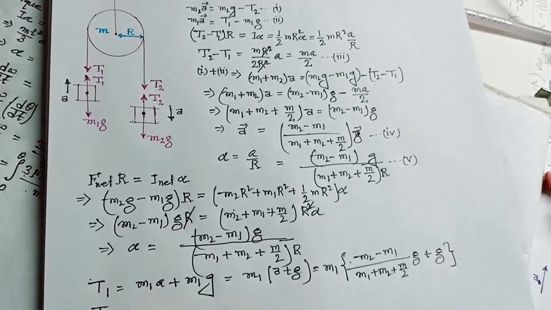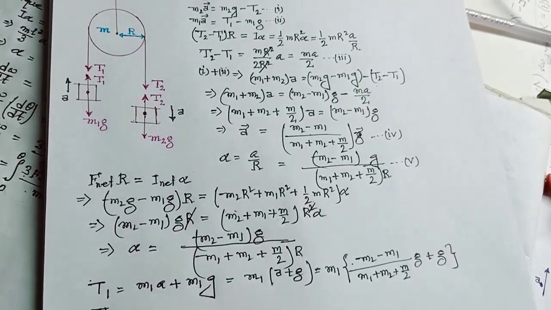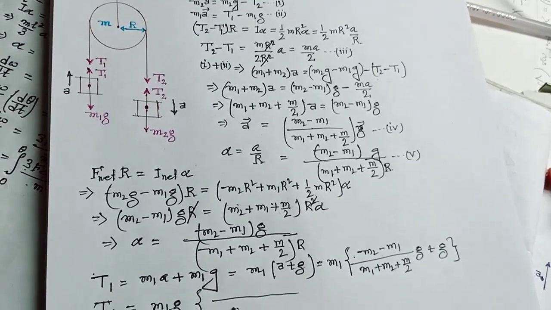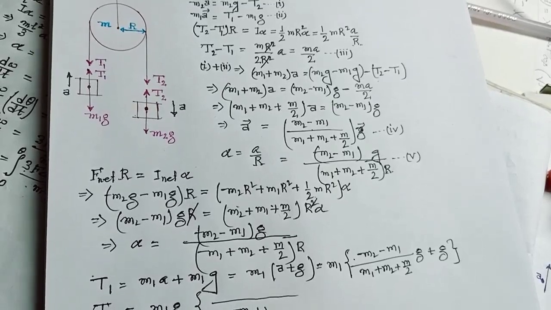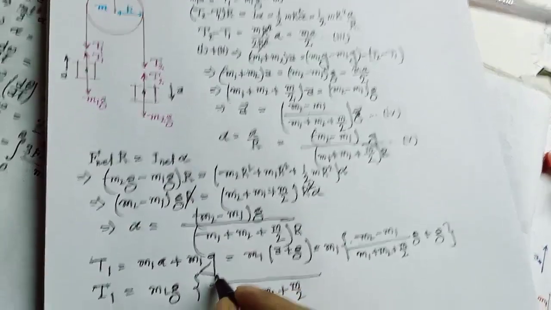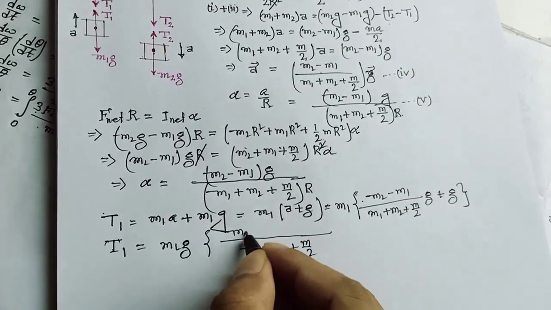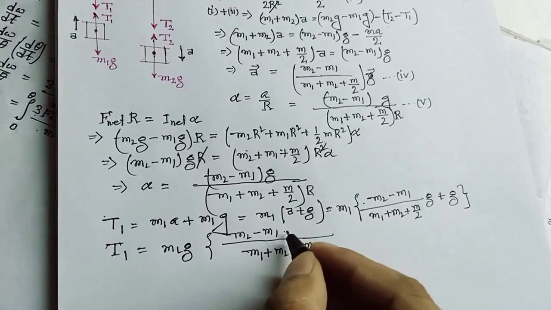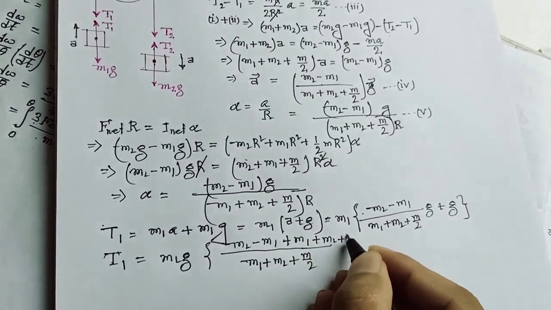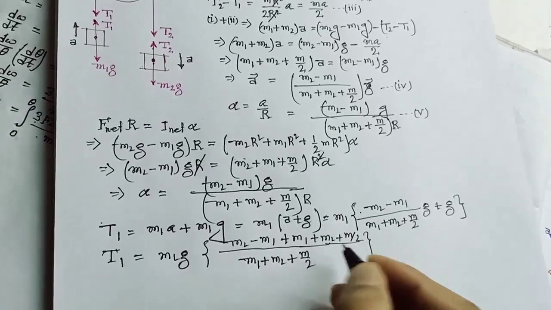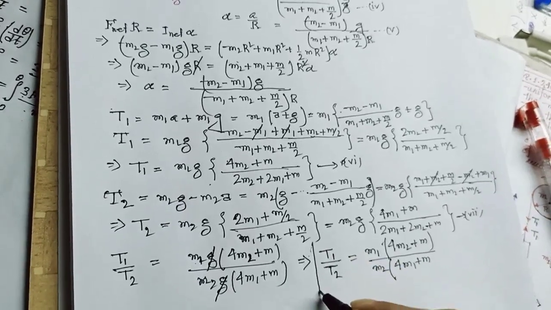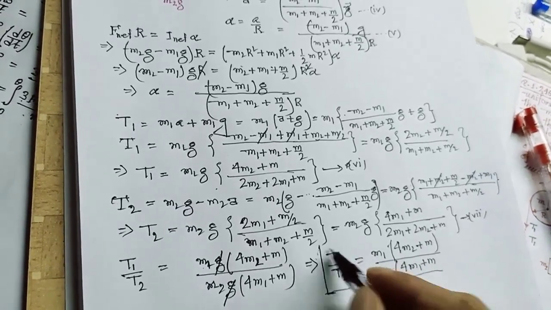So our corresponding value for tension T1 will be m1 g multiplied by, in the denominator the LCM will be m1 + m2 + m/2, and in the numerator the term will be (m2 - m1) plus (m1 + m2 + m/2). So this is our short ratio of the tension in the two strings.